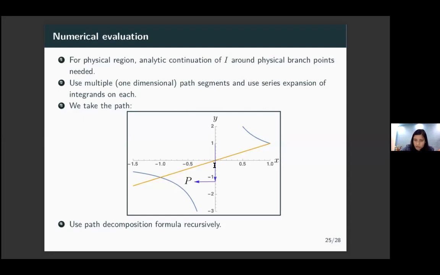I had to choose just five segments and use the path decomposition formula recursively to get the contribution. One important thing is when you cross this physical threshold, the physical line which brings you to the physical region, you will have to analytically continue all the periods.